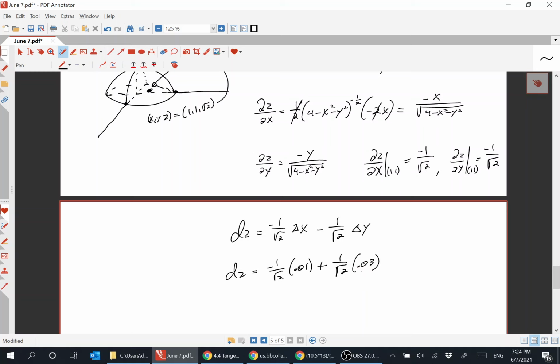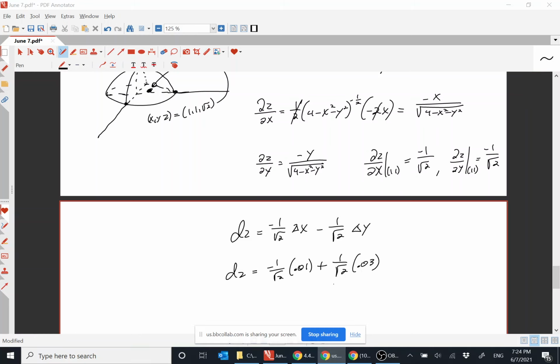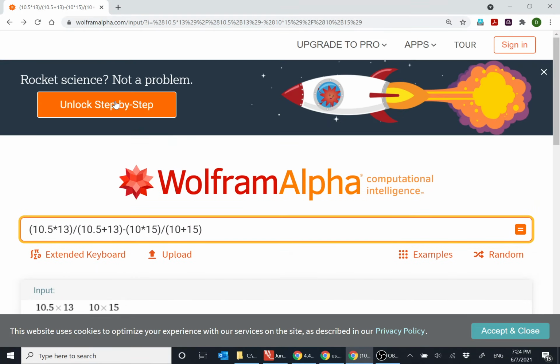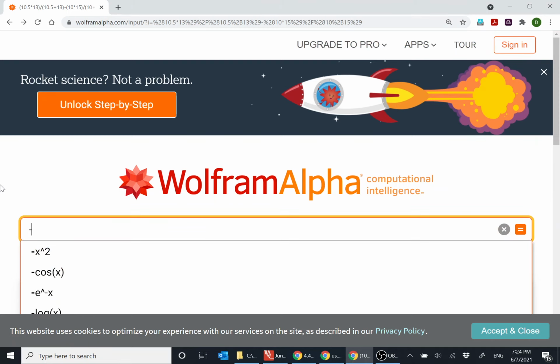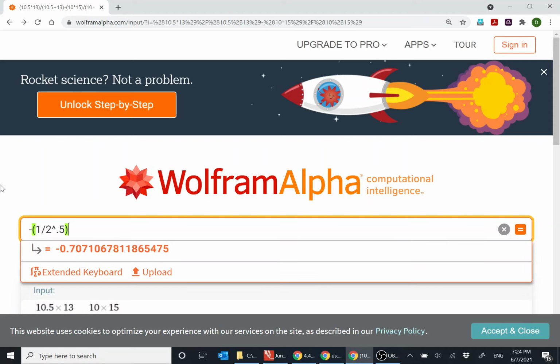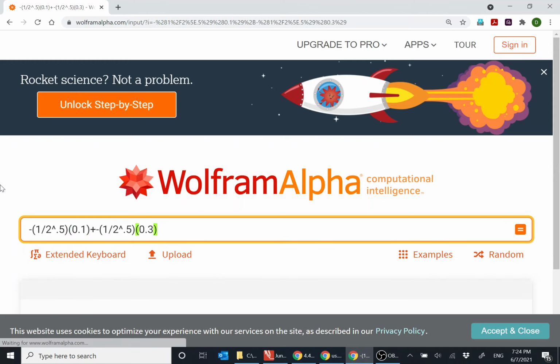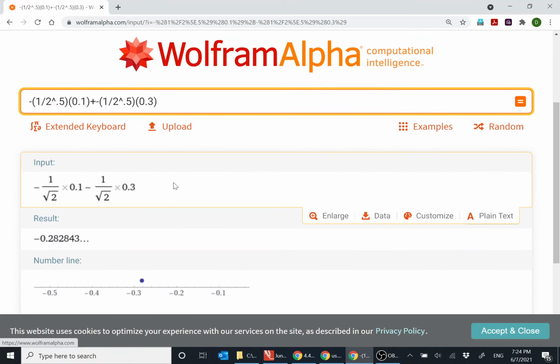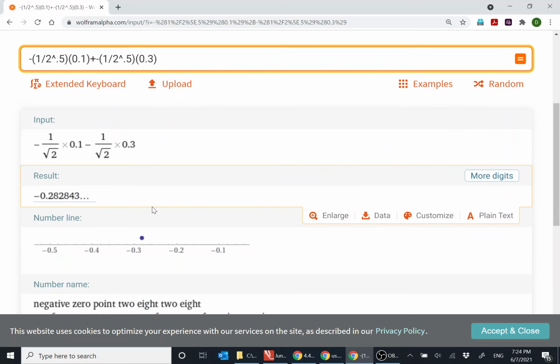Right, so what do we actually get here? This is minus 1 divided by 2 to the 0.5 times 0.01 plus, so minus 0.02828.